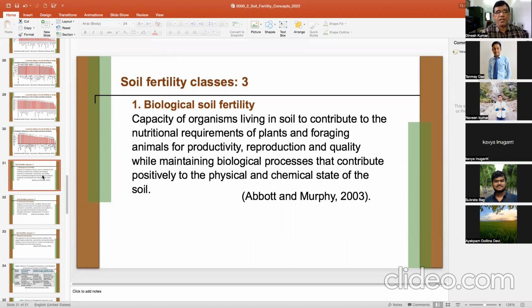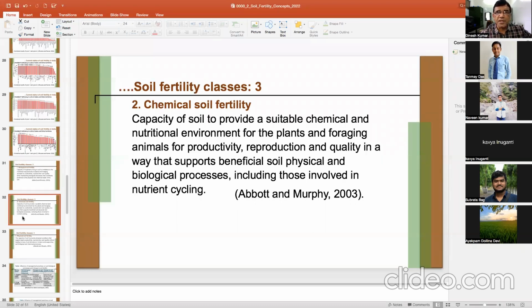In simple words, it is the contribution of soil organisms to meet the nutrient requirement of the crop. The major role of organisms is in nutrient fixation and mobilization, and also in decomposition. So they have an important role and they contribute towards soil fertility. The contribution of organisms in soil fertility is your biological soil fertility.